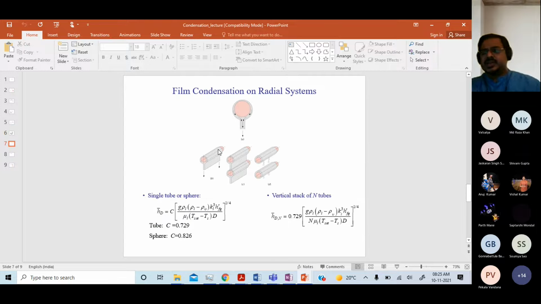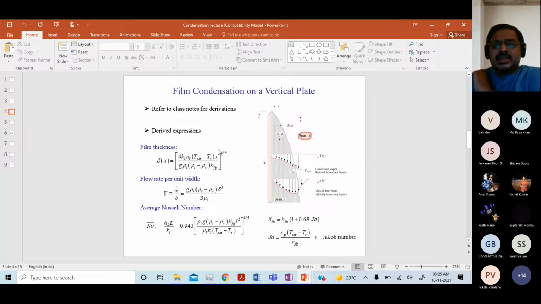Okay, now this one is important. The condensation, remember at the beginning I said that, and we also saw here, right? As the length increases, the delta increases, and therefore your Nusselt number goes down, your heat transfer coefficient goes down, average Nusselt number goes down.